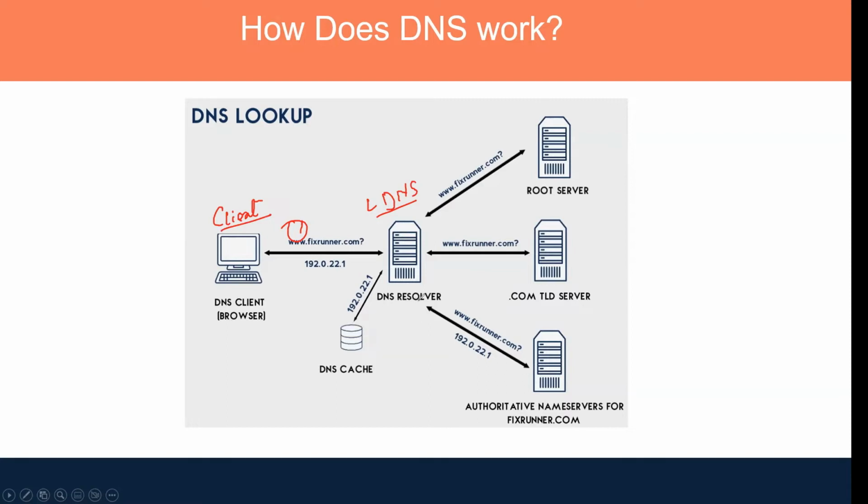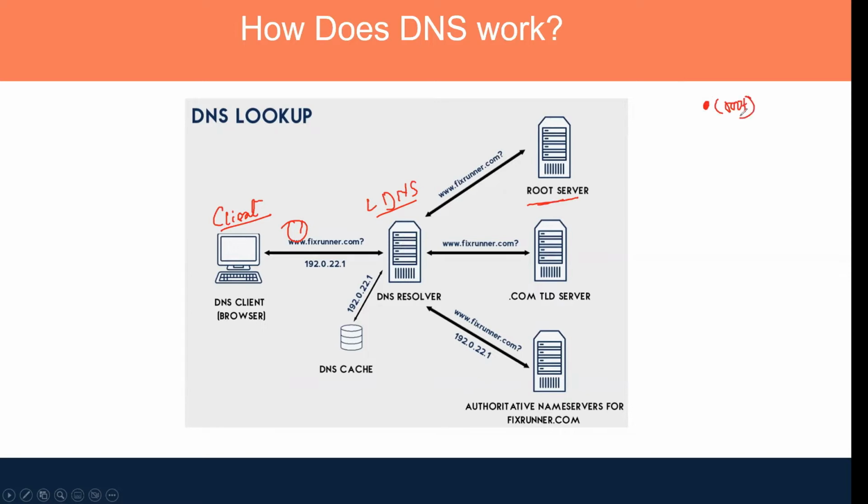If this local DNS server has the IP against this host name, it is going to provide the IP. But in case the DNS server has no IP, it redirects that query to the root server. Root server basically stands for the dot server.